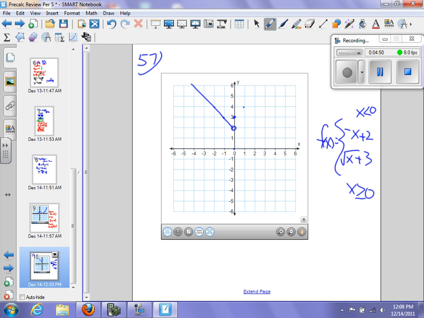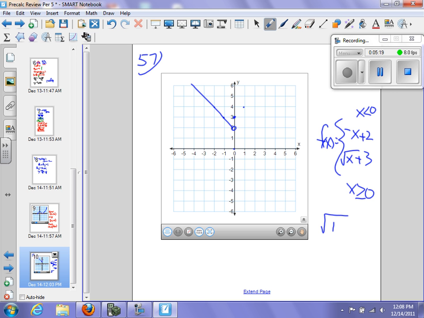It's saying what number, when times itself, is going to be equal to 1? So what number times itself is equal to 1? 1. So yes, the square root of 1 is 1.